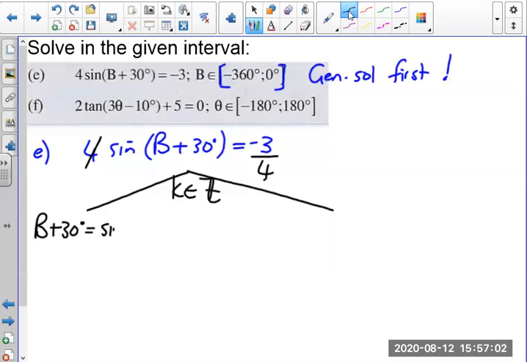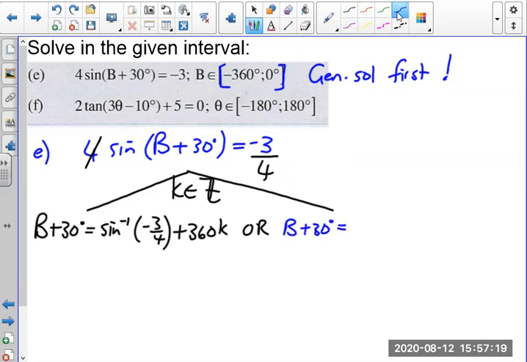I say shift sine of the answer plus 360k, or what's the second leg for sine? The angle is equal to, what's the method? 180 minus 180 shift sine minus 3/4 plus 360k.